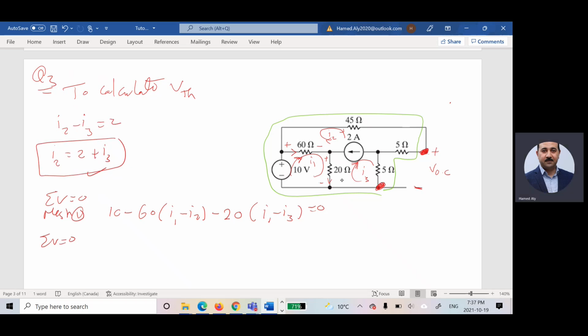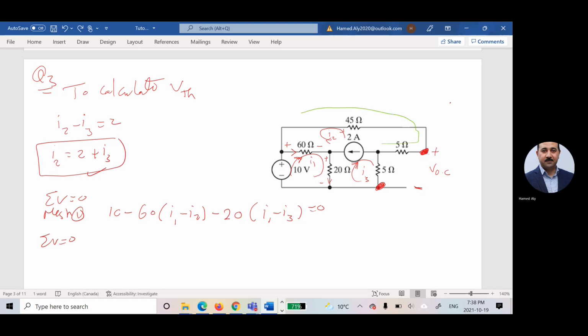This mesh. Or follow me, I can use this, this, this. You got it? So let me erase this. I can use this guy. Am I right?